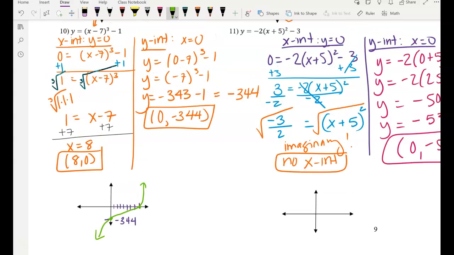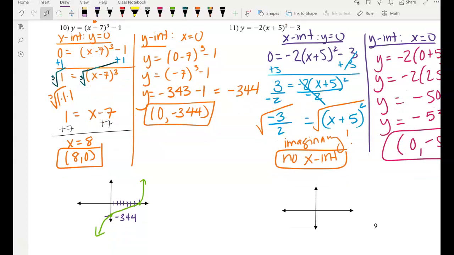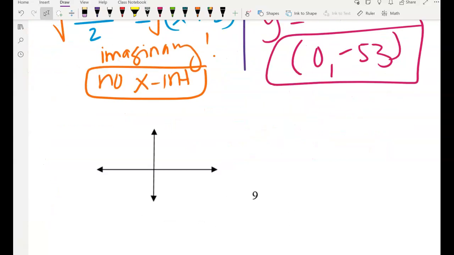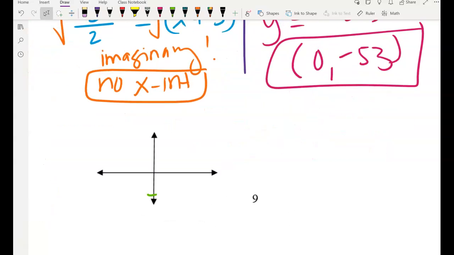By the way, does that look like number 10, that little sketch? Okay, thank you. And then what shape is number 11? Downward U. Very good. Does it touch the x-intercept at all? Someone give me the vertex then, since it's not crossing over the x-intercept. Where's the vertex for the last one?